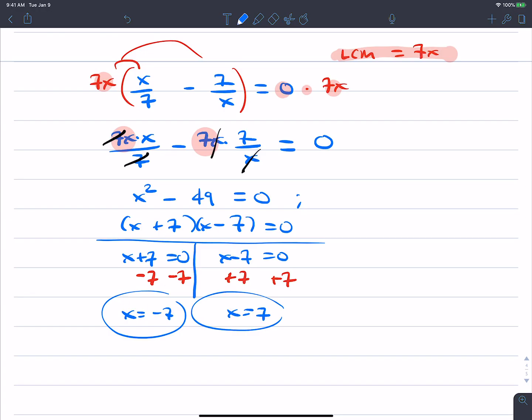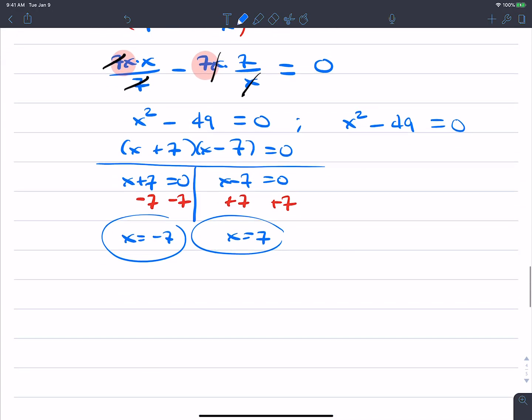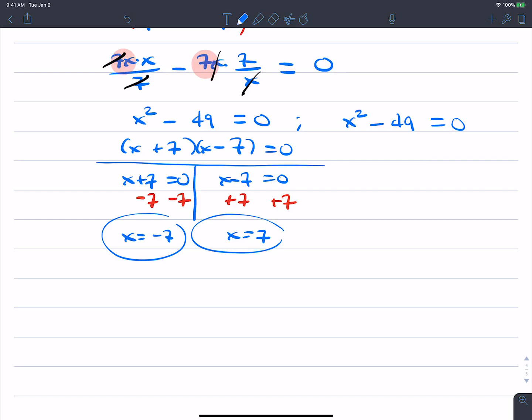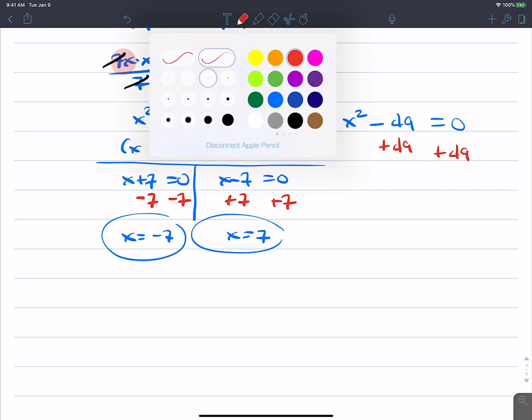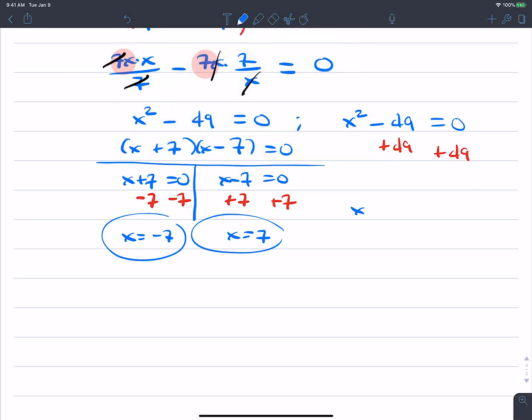Now, this is from beginning algebra here. You see the same kind of question in intermediate algebra and college algebra. So if you guys remember, what you can do is add that 49 to both sides here, and you end up with x squared is 49. Is that right?